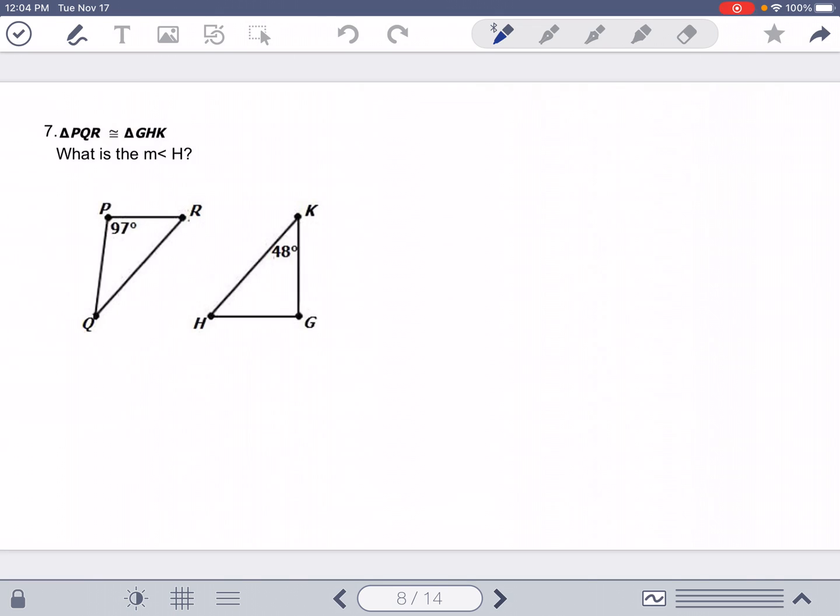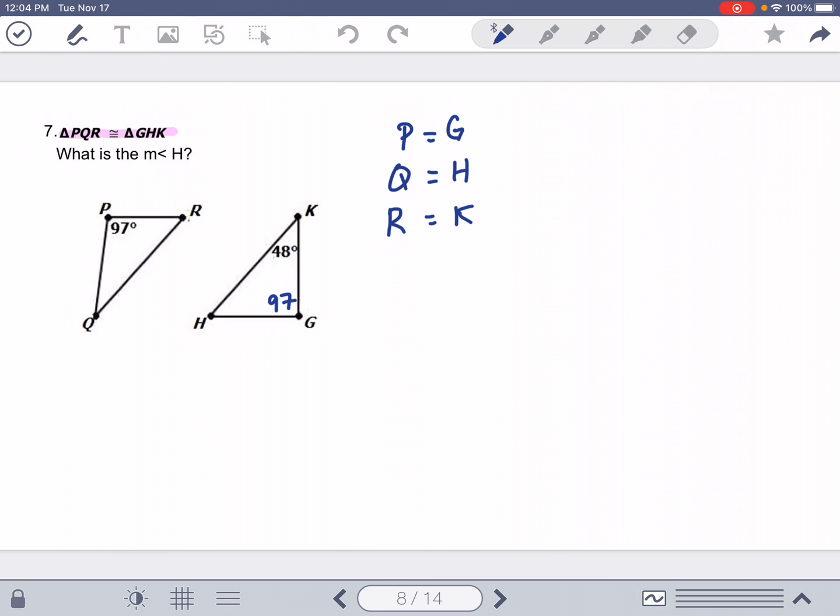Number 7, what is the measure of angle H? All right, if these two triangles are congruent, and that's what this congruency statement tells me, P is equal to G, Q is equal to H, R is equal to K. So if P is 97, that means G is 97.